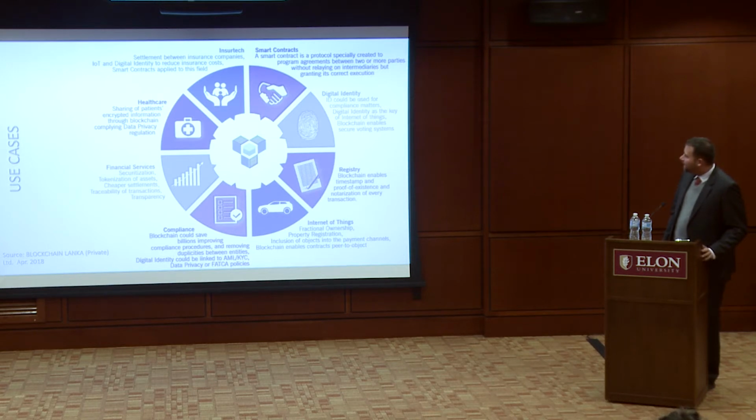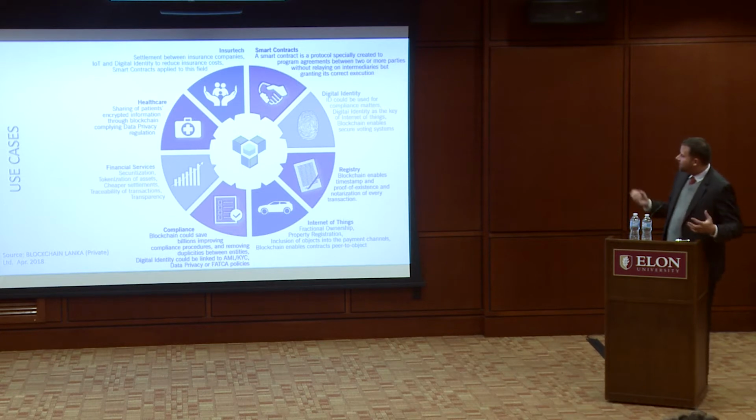upper right-hand corner, where you actually see smart contracts in the upper circle. Two parties are creating contracts, and they're doing that through protocols that allow them, as you can see here, between two or more parties, without intermediaries. So this contracting is a really big area where you're seeing investment.